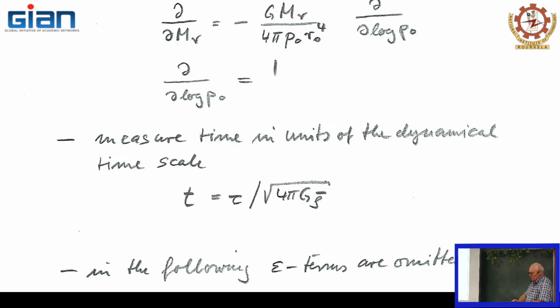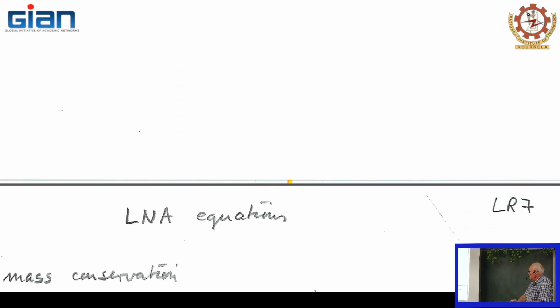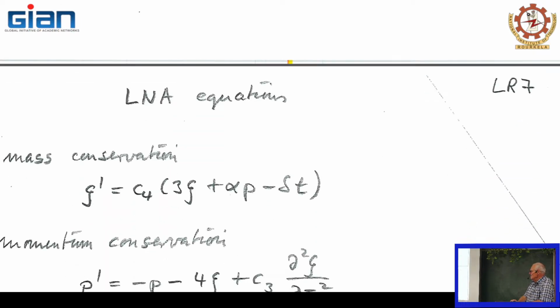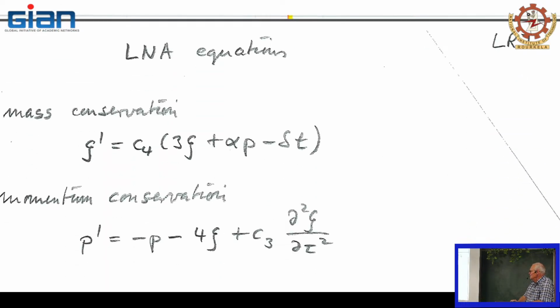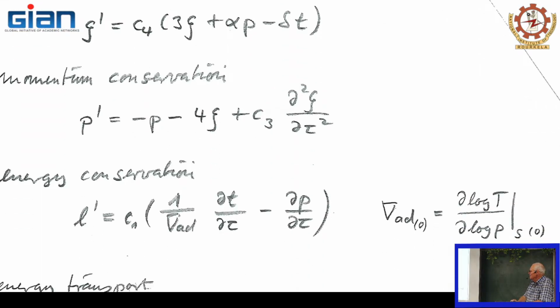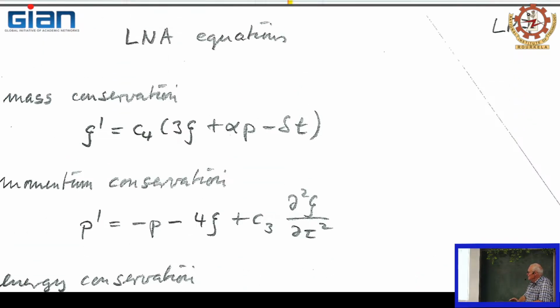Okay, so what happens then? We end up with the LNA equations, the linear non-adiabatic equations, for mass conservation, momentum conservation, energy conservation, and finally energy transport. Let's look first at the mass conservation.